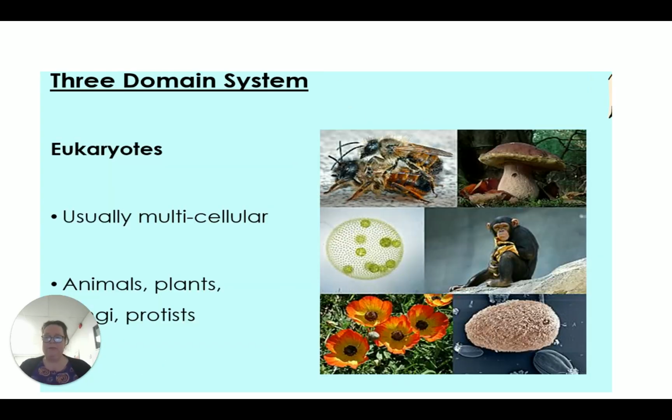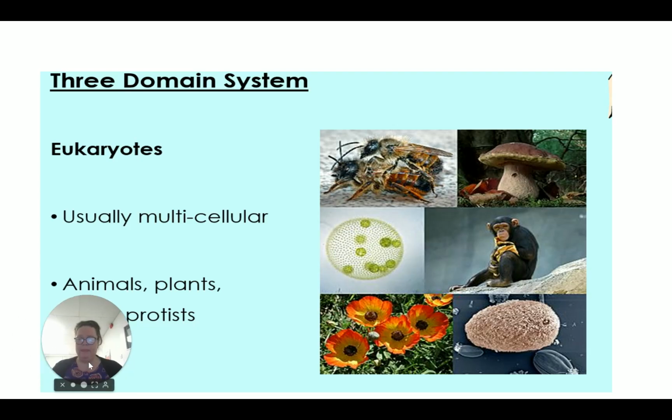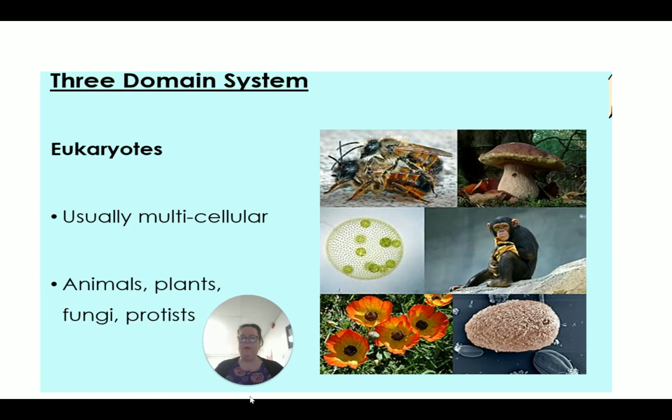Right, eukaryotes. These are ones that we're familiar with. Usually multicellular. Animals, plants, fungi, that says under my picture. And protists. Okay, so if you need to, I'll just try and move me out the way a bit. Yeah, there we go. If you need to, you can copy that down if you know it already. That's absolutely fine.